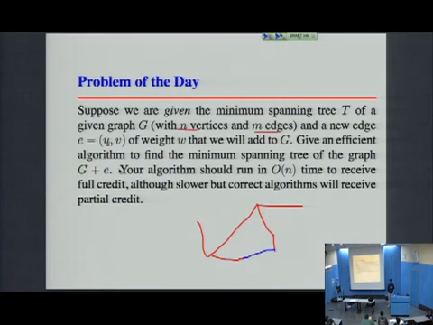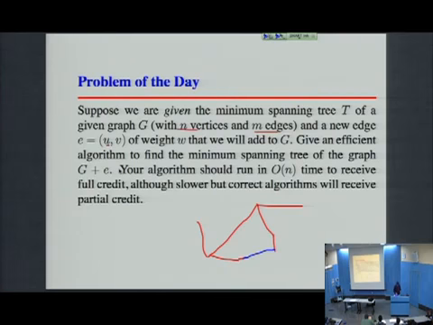Does everybody see it? The graph G has n vertices and m edges. I am given the tree, I am given G. I am now told, take out this edge from the graph. How does the minimum spanning tree change, and how would I update that? Do people see what my problem is?